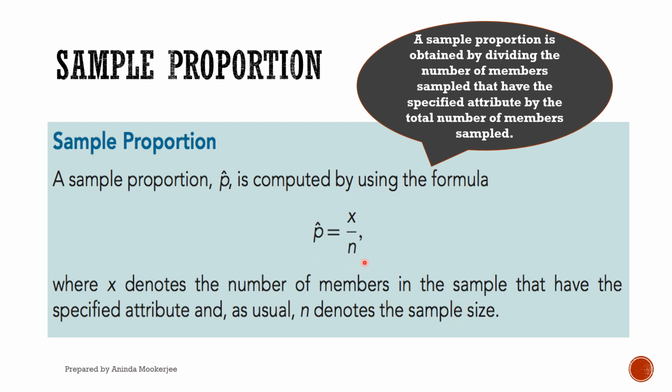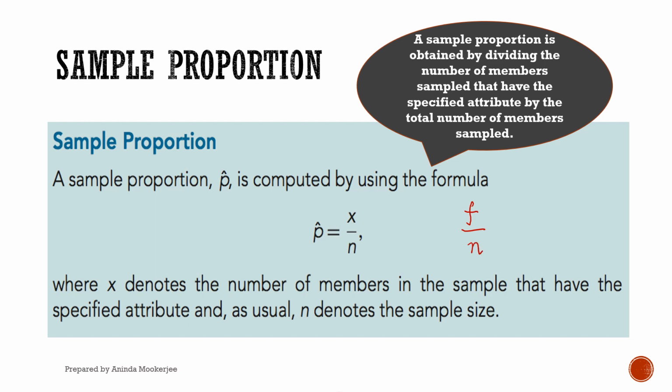So n stands for the sample size, and x denotes the number of members that have met the specified attribute we have been looking for. So x divided by n. Again, another thing I want to mention here is x divided by n is going to be very similar to some of the previous formulas we have learned for relative frequency.